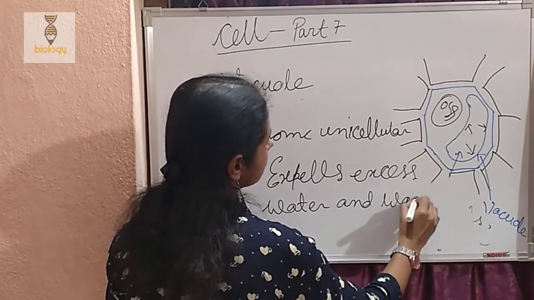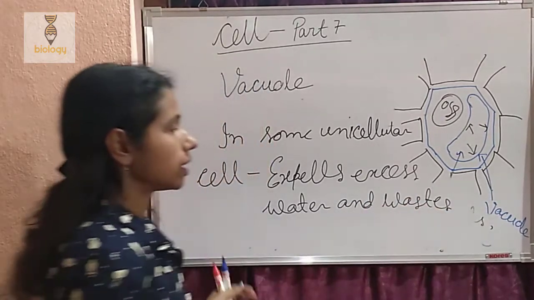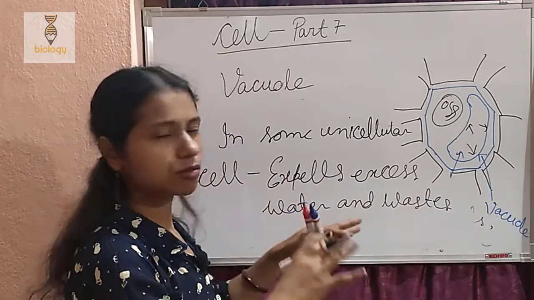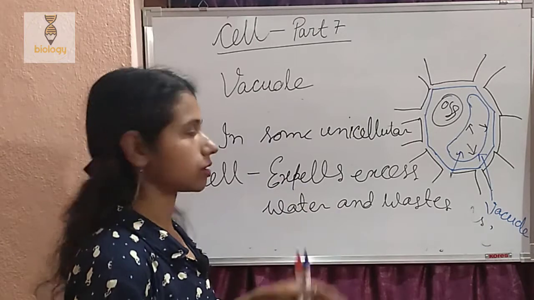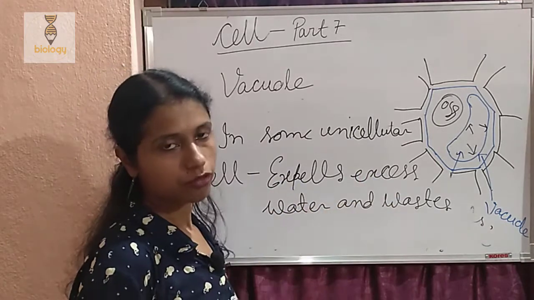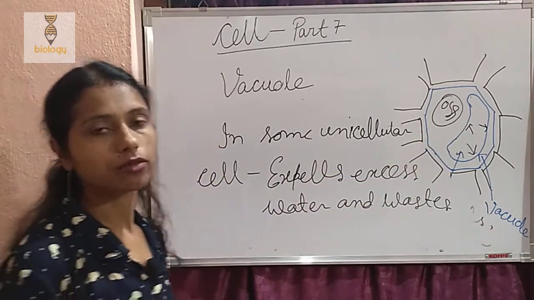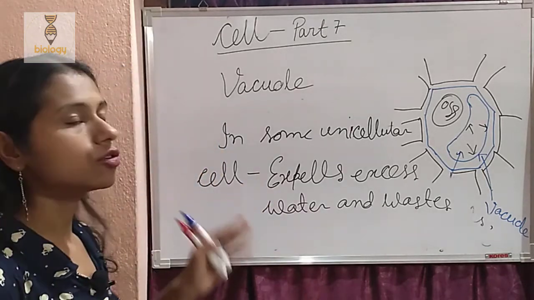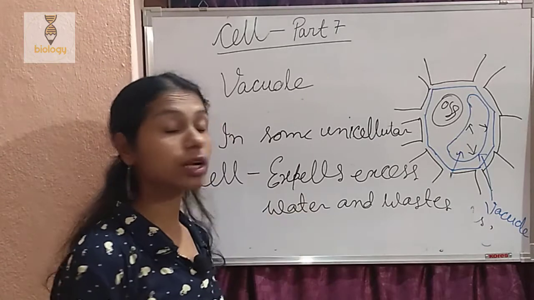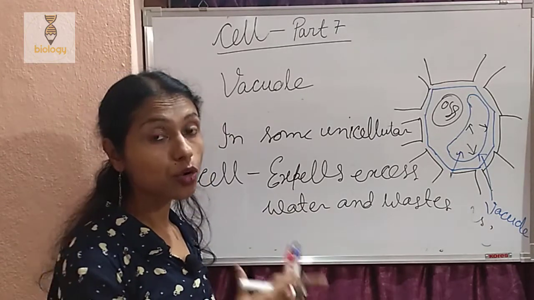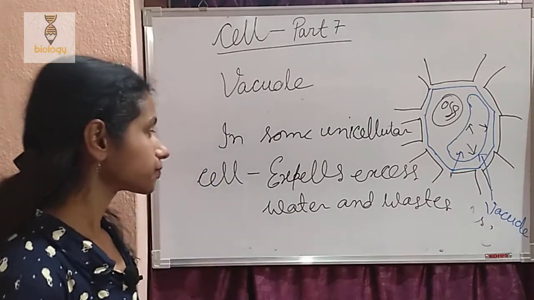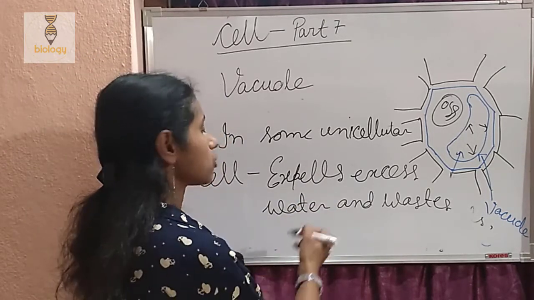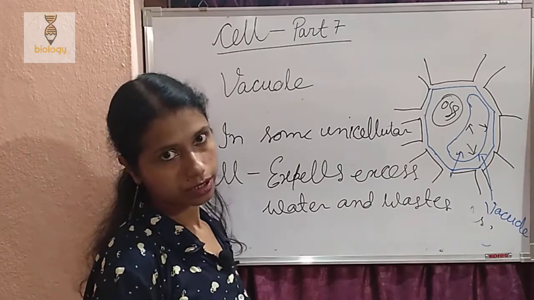Okay? In some fungi, protists. So excess water or excess waste material is released. It is expelled from these vacuoles, and they clean up the cell. Okay, so this is very important. The vacuole is not as important as other organelles, but it plays a very important role in the cell. This is the important part here: excess water and waste materials.